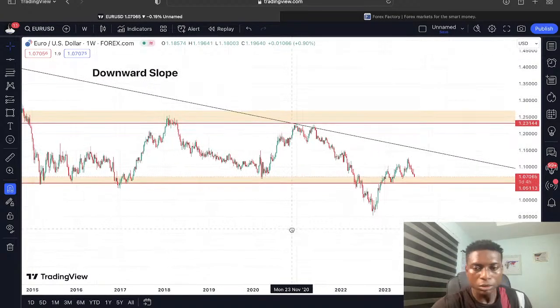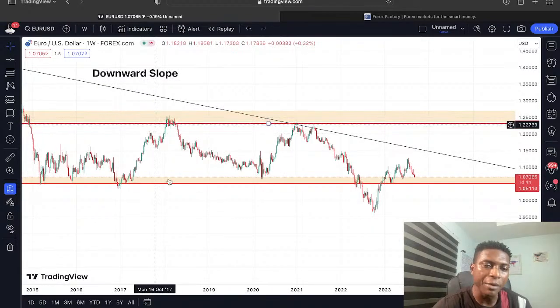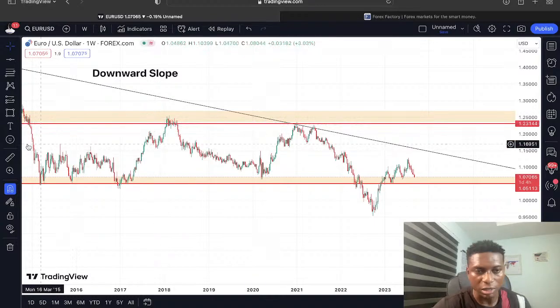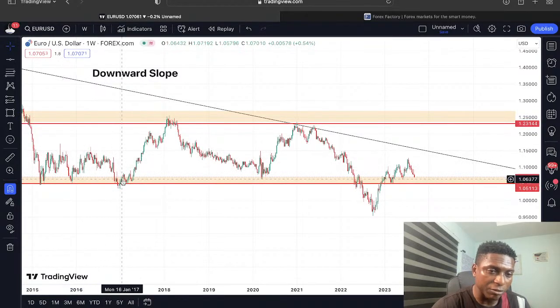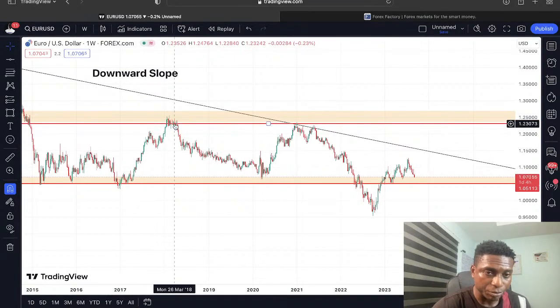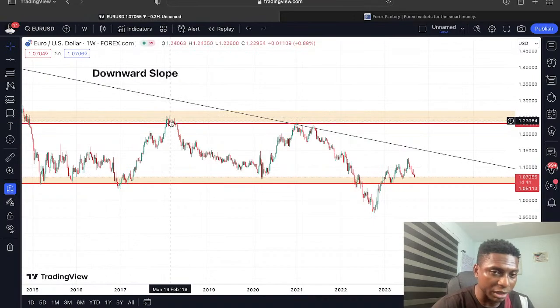Here we can see that this level now is a range, where price goes up, comes down, goes up, comes down after the previous breakout from the support level. Price came down here, rallied at this level, could not break down further, and went up. That support level had already become a resistance zone.